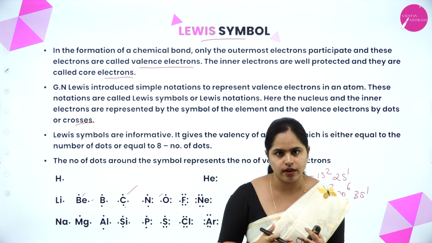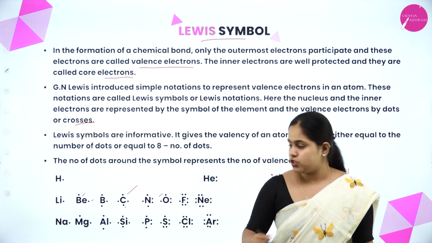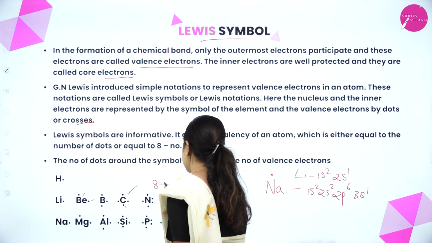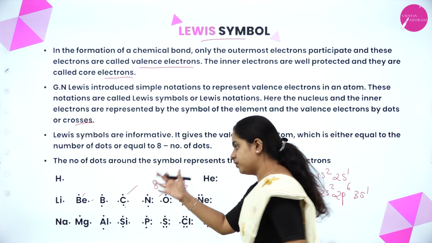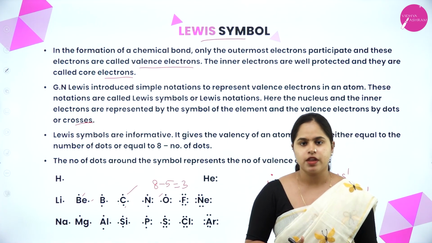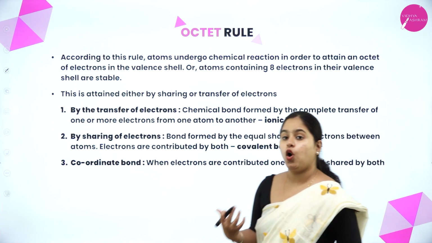We studied this in the last chapter. So the valency will be 8 minus the number of dots, which is 5. That is equal to 3. So from the Lewis symbol, you will also be able to calculate the valency of the atom. Now moving on to the next part, that is the octet rule.